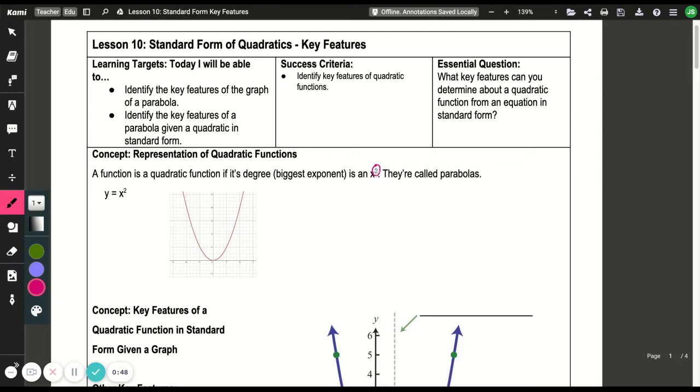Then it is a quadratic and it is called a parabola. This is called the parent function, right? If it's just y equals x squared, there are no other numbers. So it's kind of this U shape. That's the name of the parabola that would start right here at the origin. But what we're going to do is talk about how as we add different numbers in there, it's going to change or transform our graph.